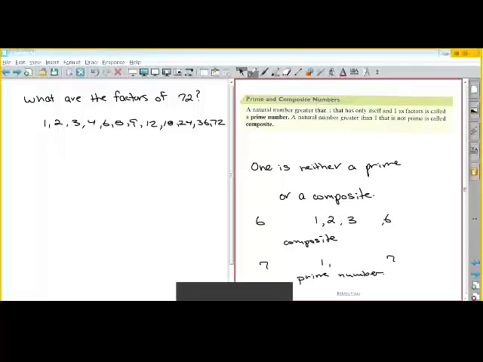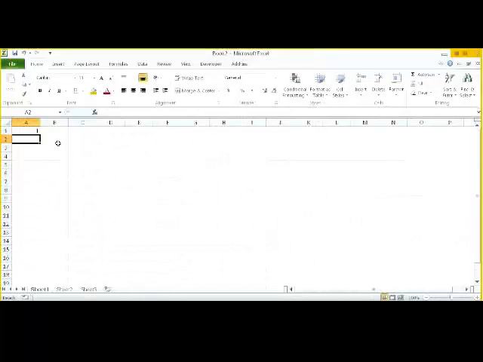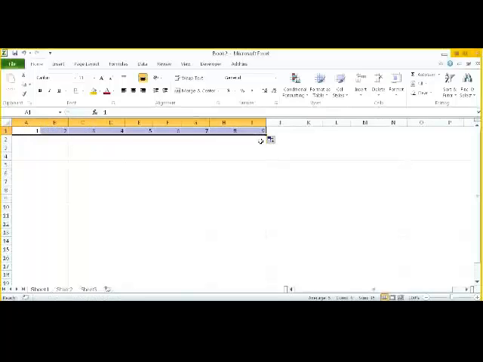And let me do it by making up a spreadsheet. And I'm going to share this. So what I'm going to do is make up a spreadsheet with numbers from 1 to 100, and be prepared.